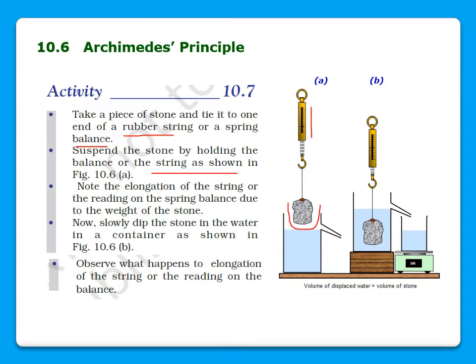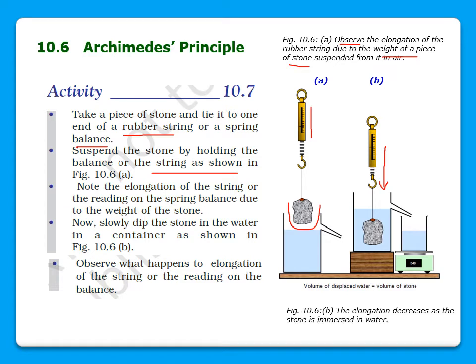Now, in second case, you just slowly dip the stone in the water. This is the second case. Okay. And again, you just note down the observations over here. Now you have 2 cases over here. At first, in A, you have to observe the elongation of the rubber string due to the weight of the piece of stone.